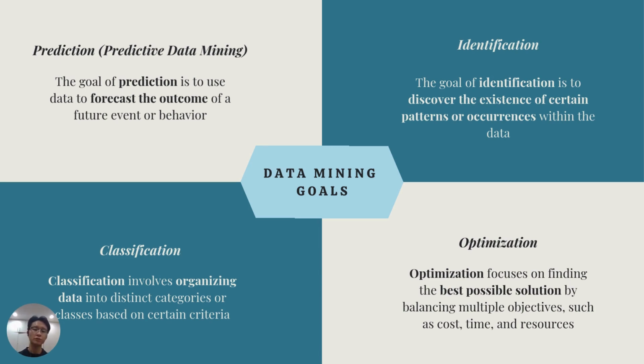The third is classification, where we organize data into distinct categories or classes based on certain criteria. And the last goal is optimization, where we focus on finding the best possible solution by balancing multiple objectives such as cost, time, and resources.